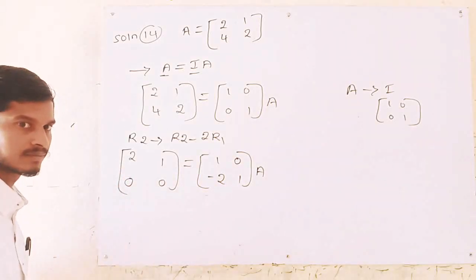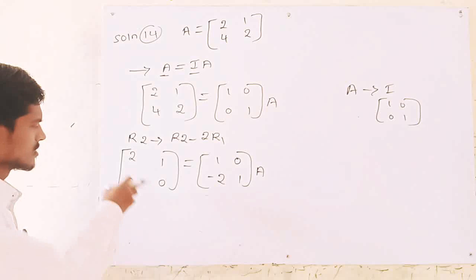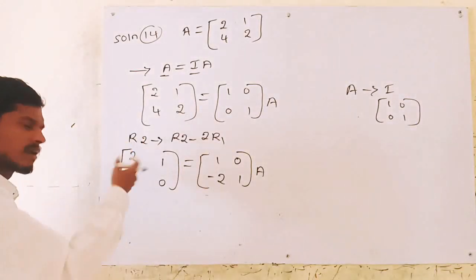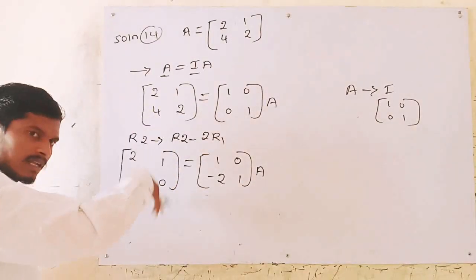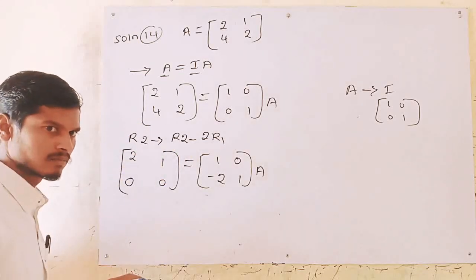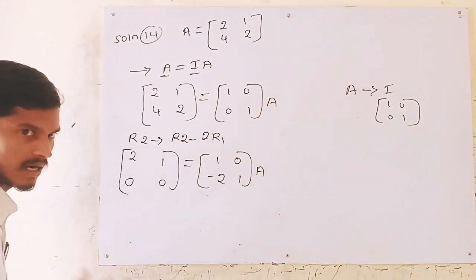Therefore, what is your conclusion? If you go for column operations, you will also get all zeros in a column. At that time, A inverse does not exist.